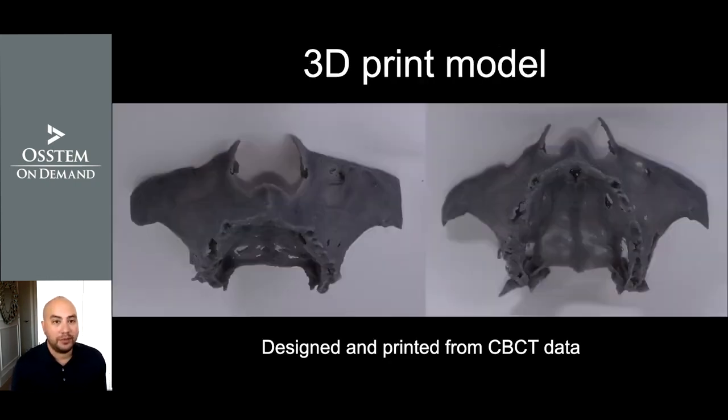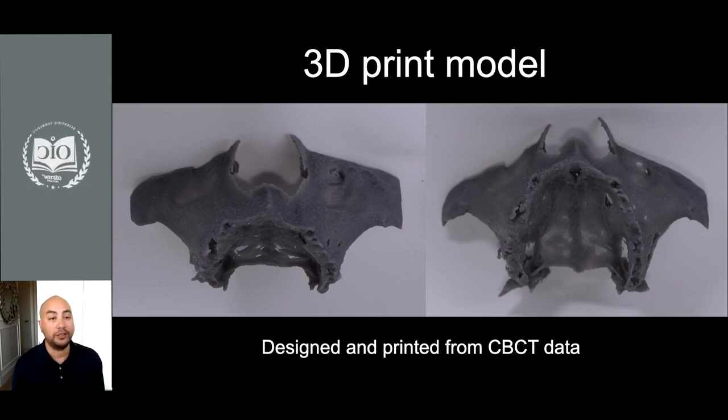Another auxiliary method to deal with extremely atrophic arches is designing a 3D printed model from CT scan data, which gives a sense of where the implants should be placed, and sort of guides the surgeon before the procedure to select the right implants to be placed.